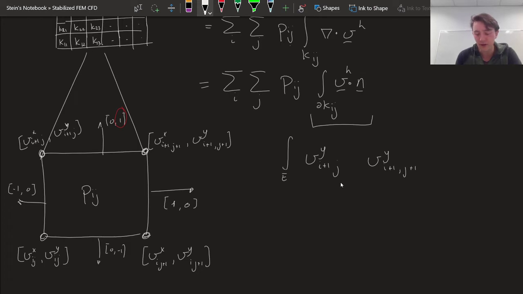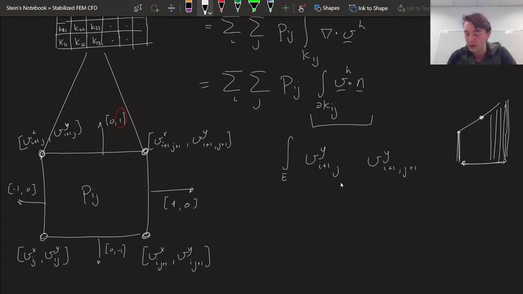So if I have an integration over an edge of a linear function, well, what's that? I can simply use the integration rule of a trapezoid, right? So I have a linear combination between two values, and that's going to be equal to half of those two multiplied by the width of my domain. That gives me the integral over the complete expression.